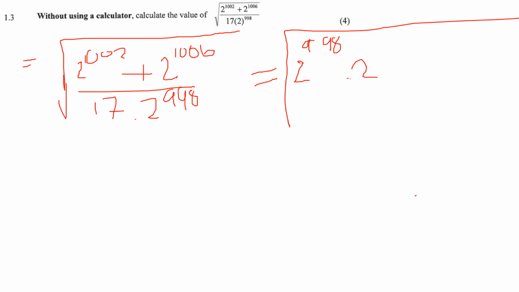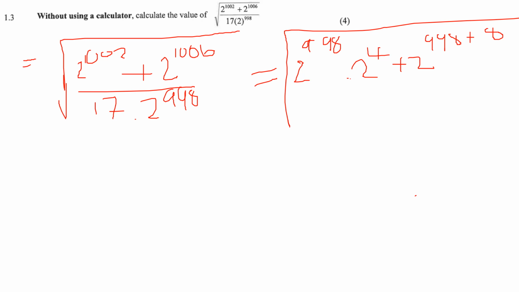Let's say now you say 1002 subtract 998, therefore it's going to give us 4, to say 2 to the power of 4 here, plus, and then you do the same thing, 2 to the power of 998, and then we say plus 1006, therefore it's going to be how much? It's going to be 8. It's going to be 2 to the power of 8 here.